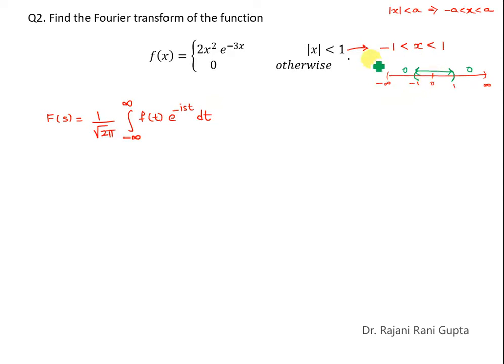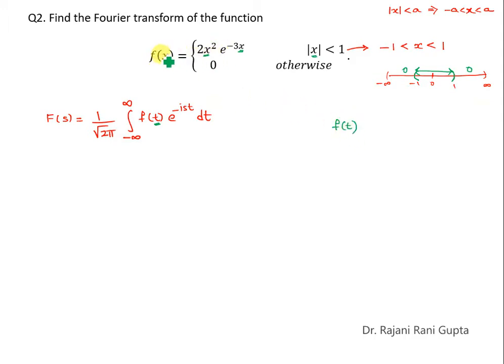Okay, now another thing: here we have to substitute the value of the function in t, but we have the function value in terms of x. So we need to first convert this function in t. What will we do? We just replace x by t.